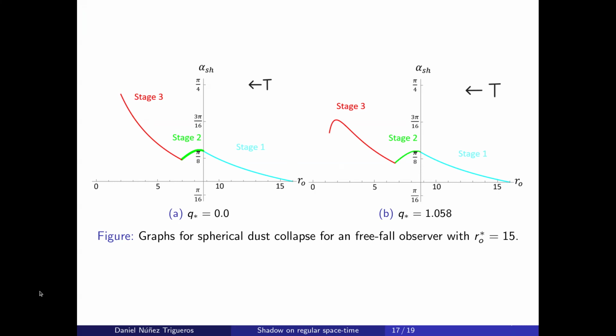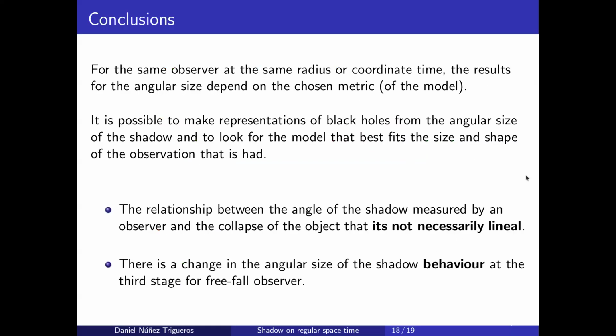And you can see the difference between one case and another. And to sum up, for the same observer at the same radius or at the same coordinate time, you could see a difference between the angular sizes of the shadows that it achieves. So you could distinguish between a regular metric or a singular metric, that is the case of Schwarzschild.